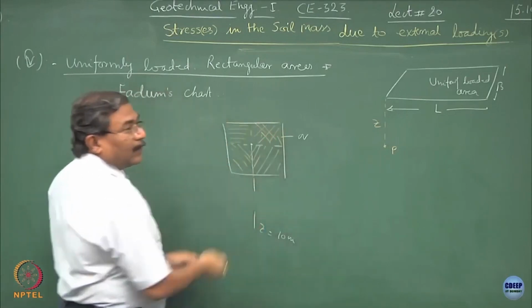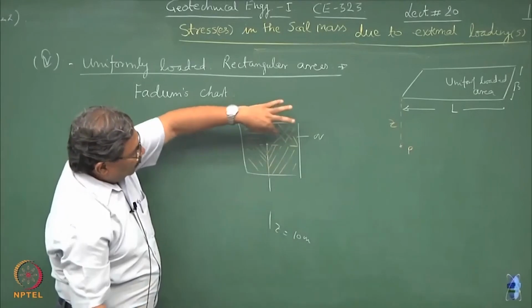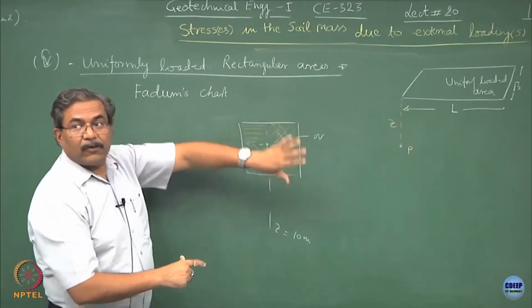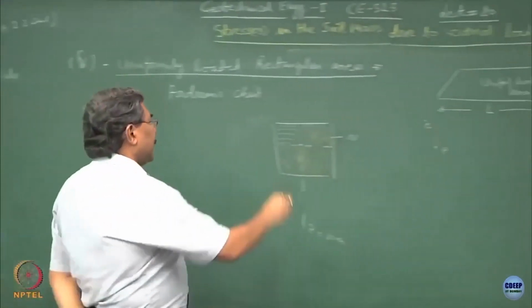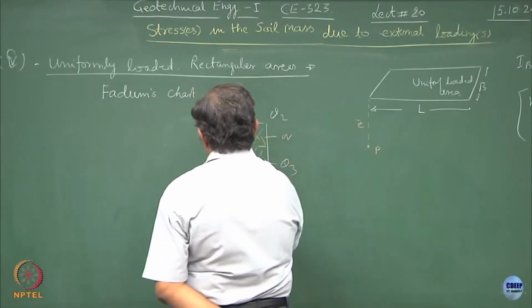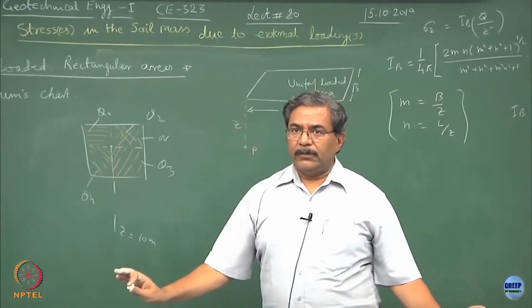Is this clear? So, 1 unit at the edge, no issues, I can find it out. Another unit at the edge I can find out, another unit, and the 4th, and I will superimpose all of them as if there were 4 sectors Q1, Q2, Q3, Q4, done, no issues, very good.